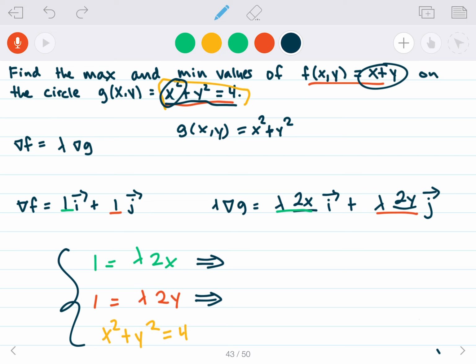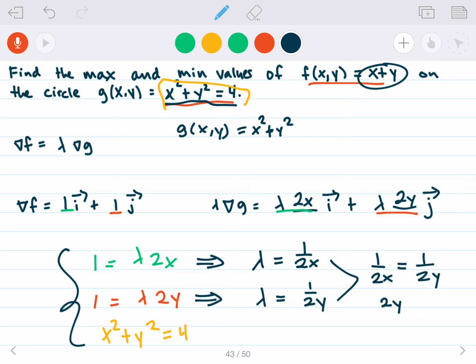That would be a false equation. So this is valid, that we can do this. So anyway, if we isolate lambda, if we divide both sides by 2x, we get lambda is equal to 1 over 2x for that equation. And here we get lambda is equal to 1 over 2y. So if I set these equal to each other, I get 1 over 2x equals 1 over 2y.